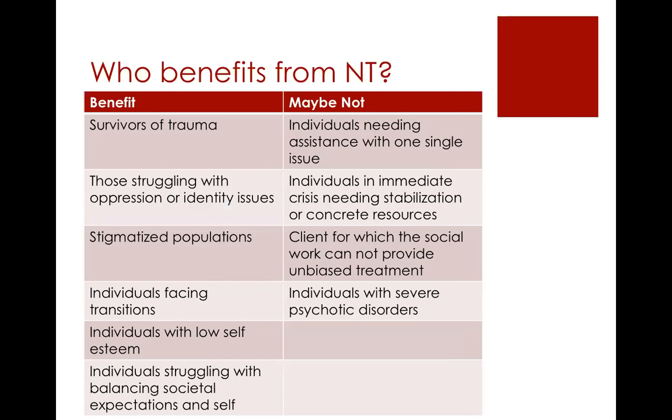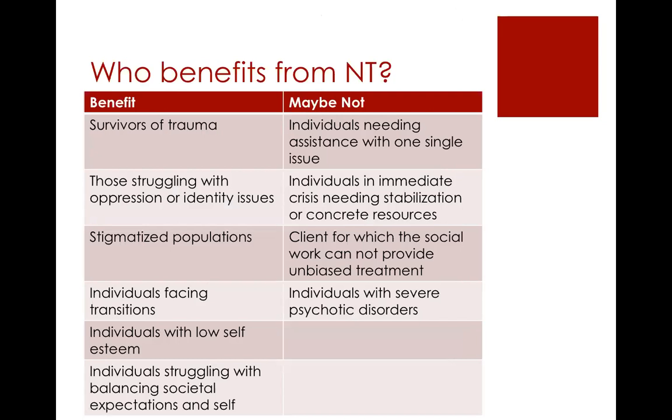I have in here clients for which a social worker or counselor cannot provide unbiased treatment. So in this approach, oftentimes there is just an added element that the counselor needs to be aware of, is that we're not rewriting the client's story. We are helping them find the story that is truth and appropriate for them.